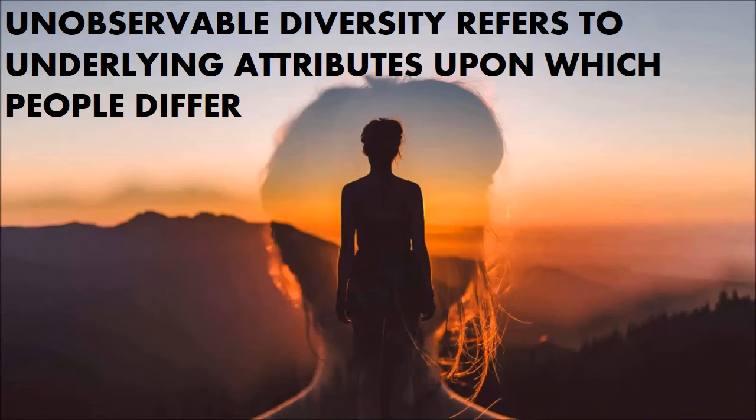Previous work experience, tenure at the organization might not be immediately observable. So those are the things that are going on inside of people that we can't immediately see the difference in. Values would be another example of that. So people differ in observable ways, and they also differ in these unobservable ways.